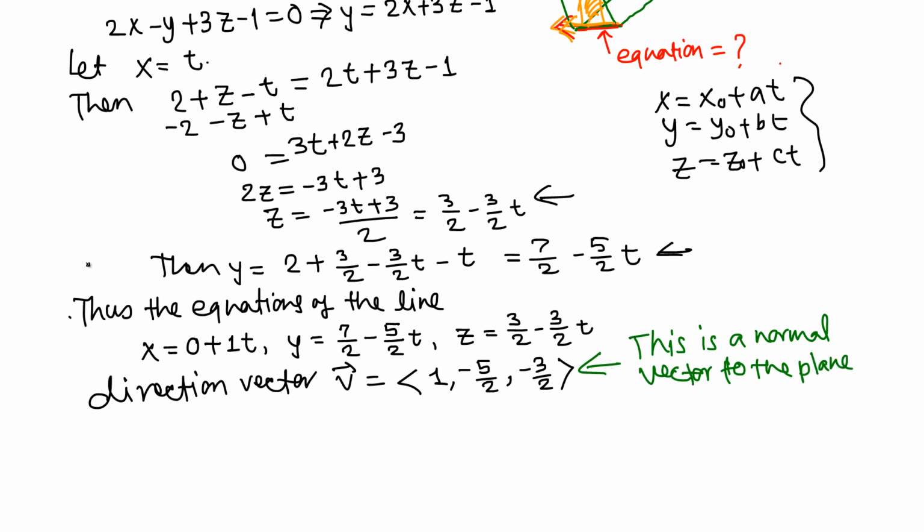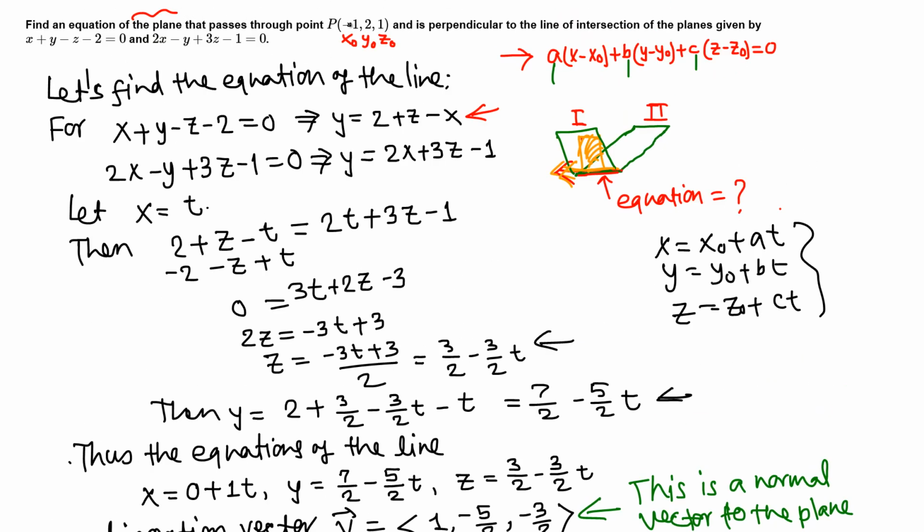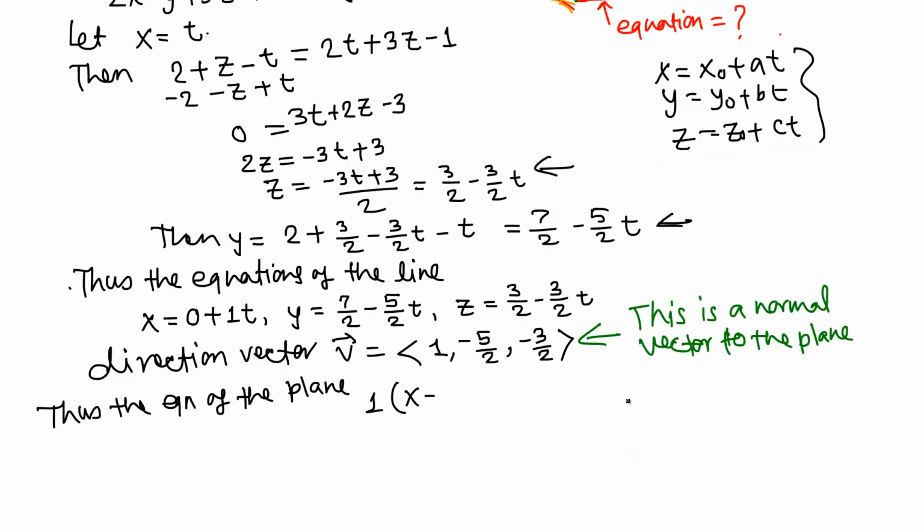Thus the equation of the plane is a, this is a, b, c now, a(x minus x naught). So let me look at the point, negative 1, 2, 1.